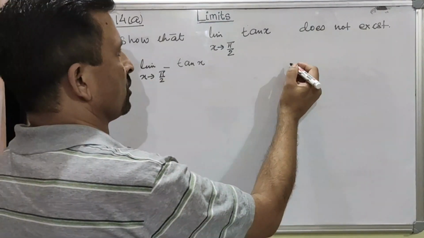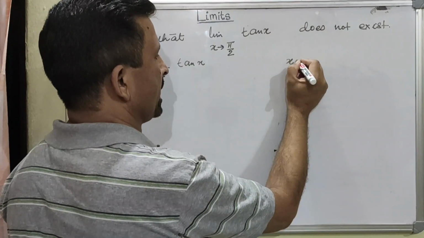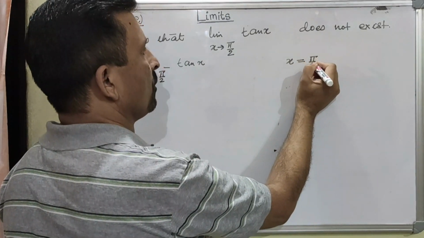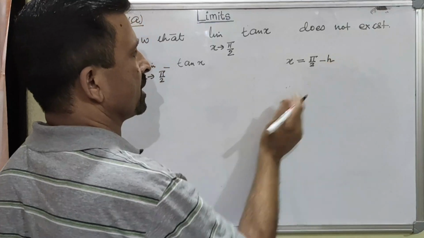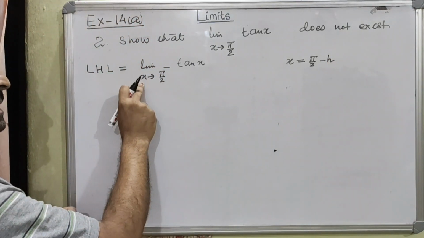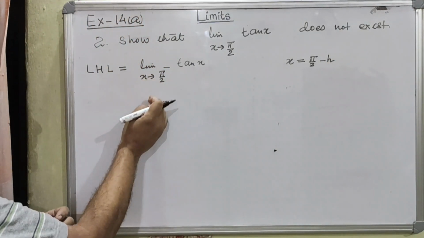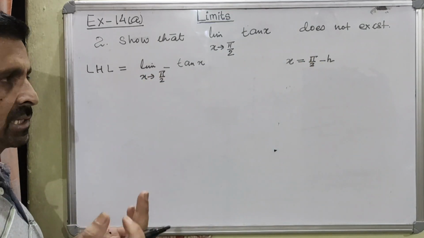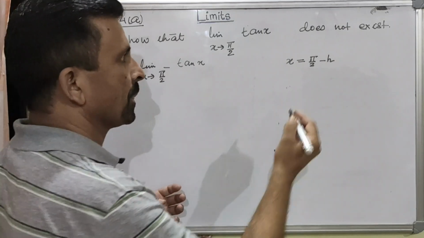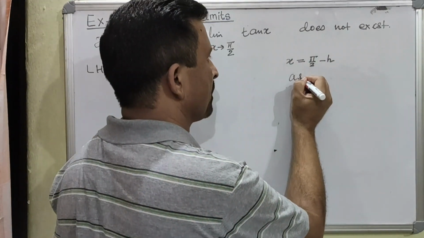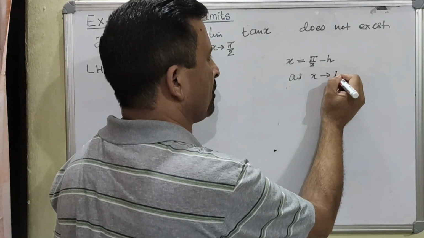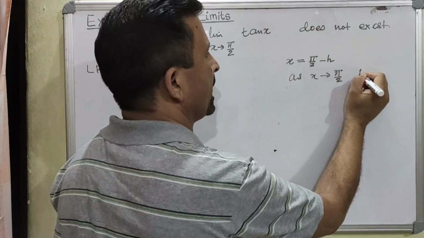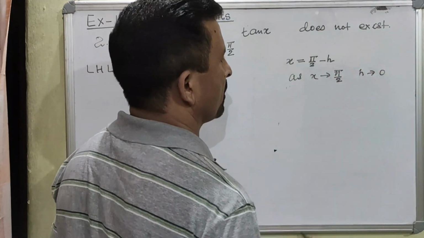After this, we will assume x is equal to pi over 2 minus h, because x is not exactly pi over 2, it is a little less than pi over 2. How much less? By a very small quantity. That small quantity is denoted as h. Now, as x approaches pi over 2, h is approaching 0.